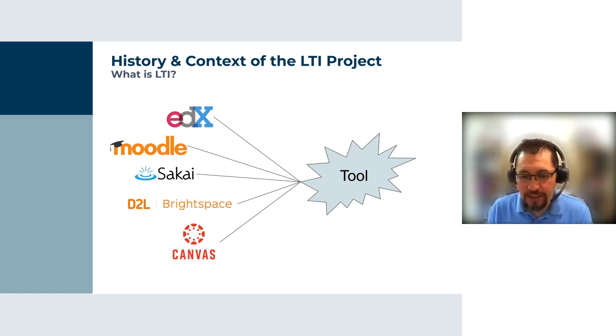It's kind of the same thing, just with a little bit of extra capabilities. Those extra capabilities essentially are the Names and Roles Provisioning services, the Assignment and Grade Services, just a different way of doing what LTI 1.1 was doing, and Deep Linking. That's one of the biggest as well.